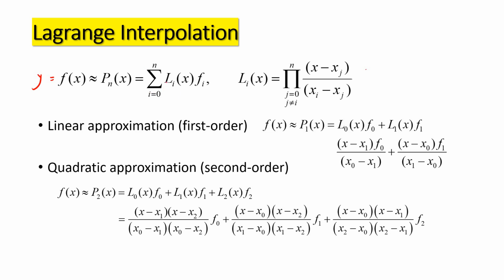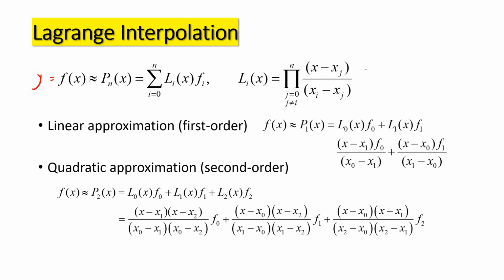It is the summation of Li(x) fi, or you can simplify it as Li multiplied by fi. f is actually your y. And then Li is a product, meaning the product of (x minus xj) divided by (xi minus xj), where when you estimate Li, j cannot be equal to i.